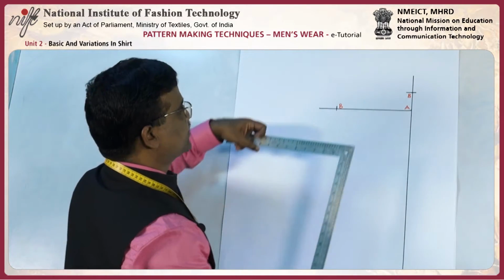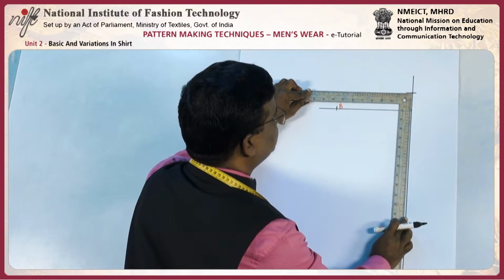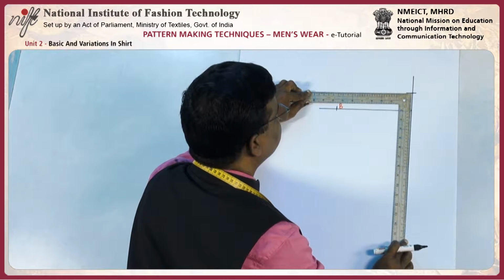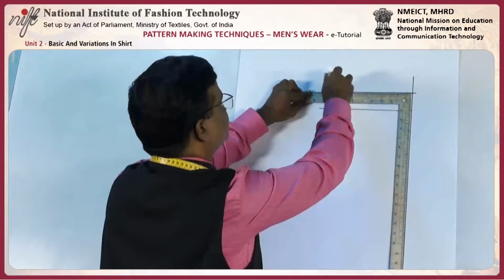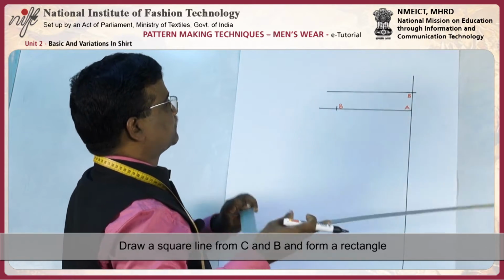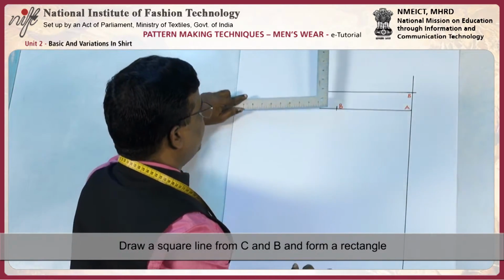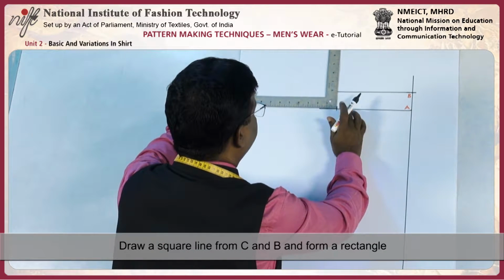From B, square out. And from B, square up.